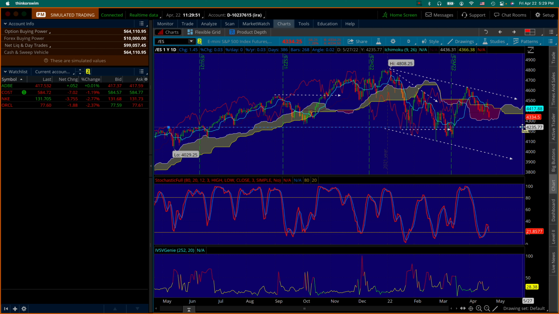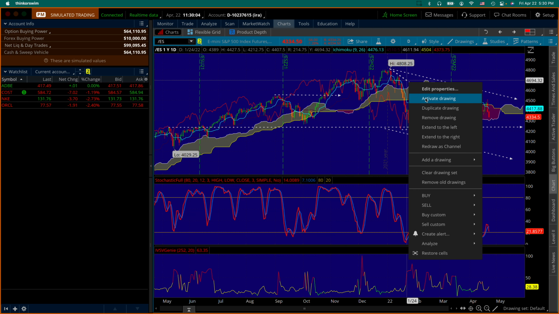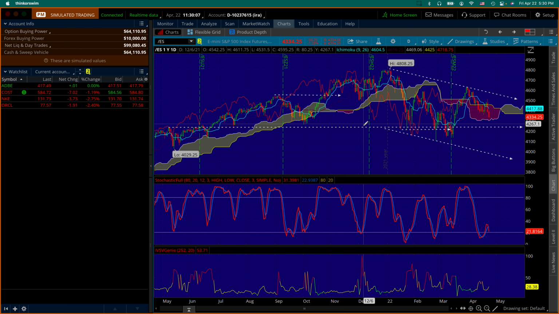So that's a support line, and the market might bounce from there. If it breaks, then it will go test the lows here. Okay, so that's a way to draw some lines and indications of where the market is going. Nothing is 100%, but it's good to know.